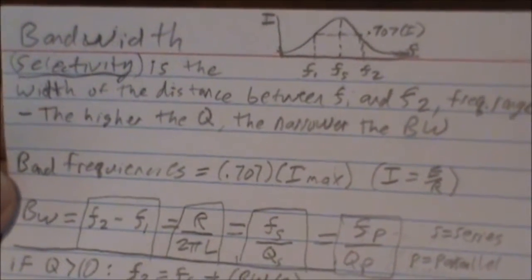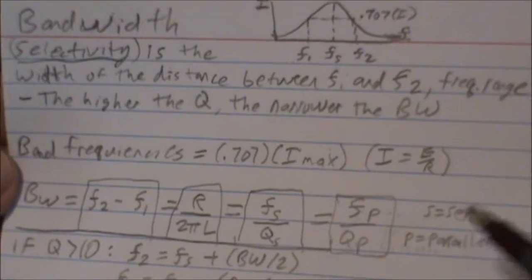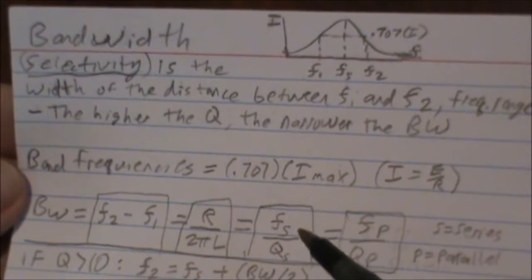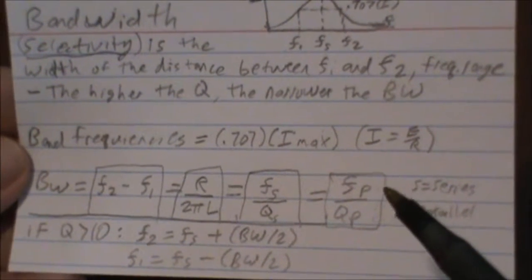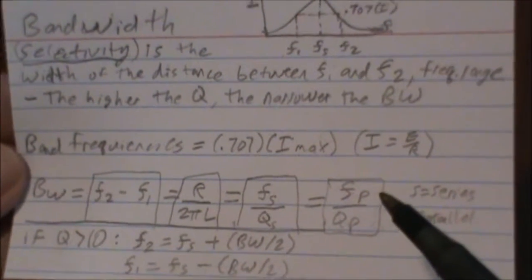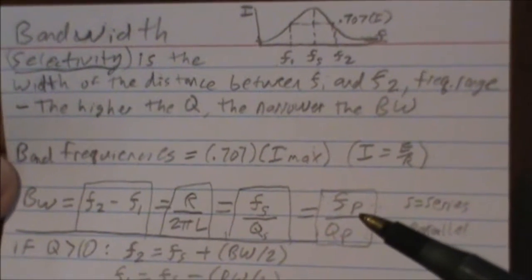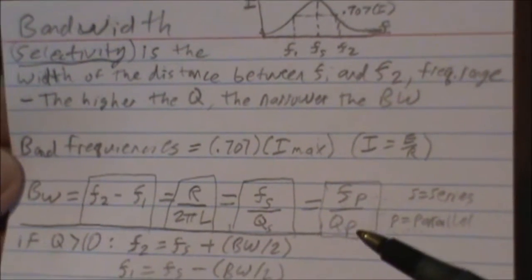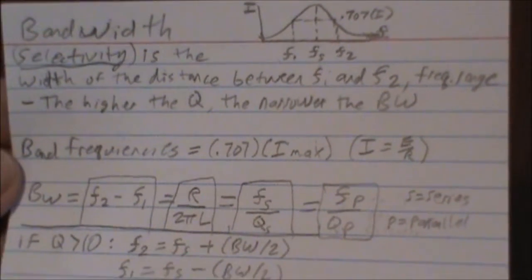So it's F2 minus F1, which is equal to R over 2 pi L, which is equal to F sub S, your series resonant frequency, over your Q factor. If you have a parallel RLC circuit, then it's the parallel frequency over the Q of your parallel circuit.